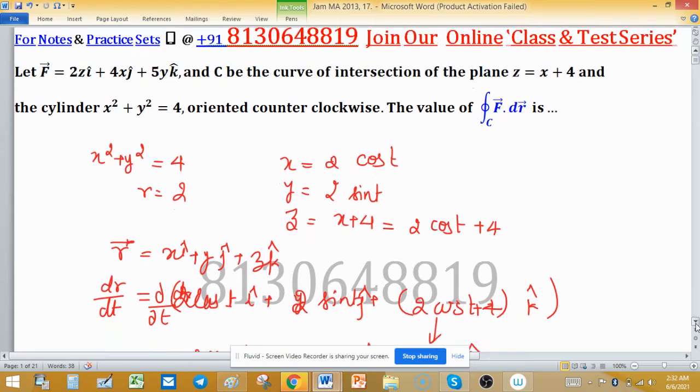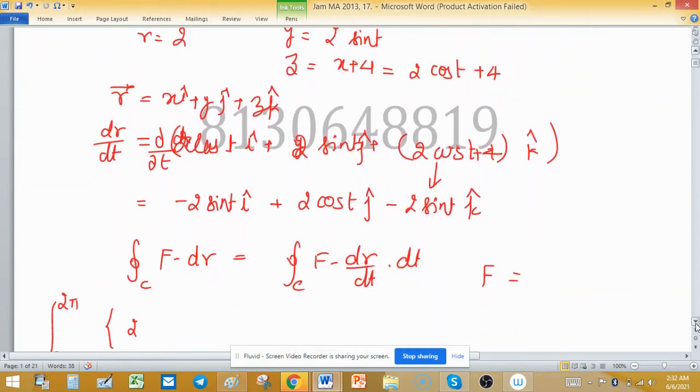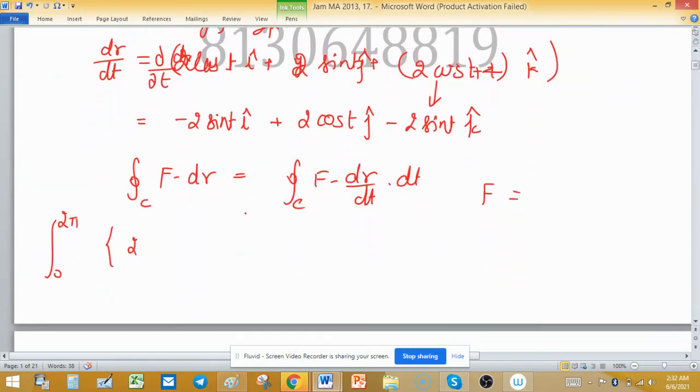So use x, y, z in parameterized form. It will be 2 times (2 cos t plus 4) i hat plus 4 into 2 cos t j hat plus 5 times 2, which is 10 sin t k hat.